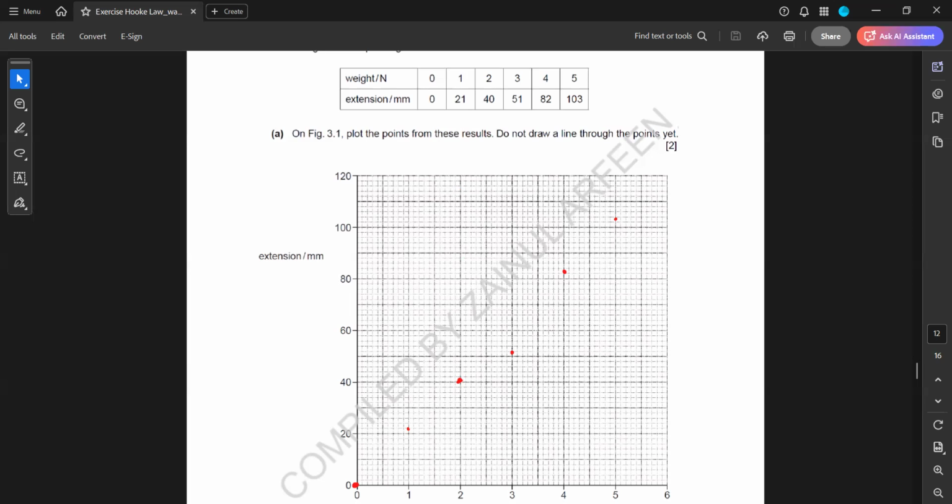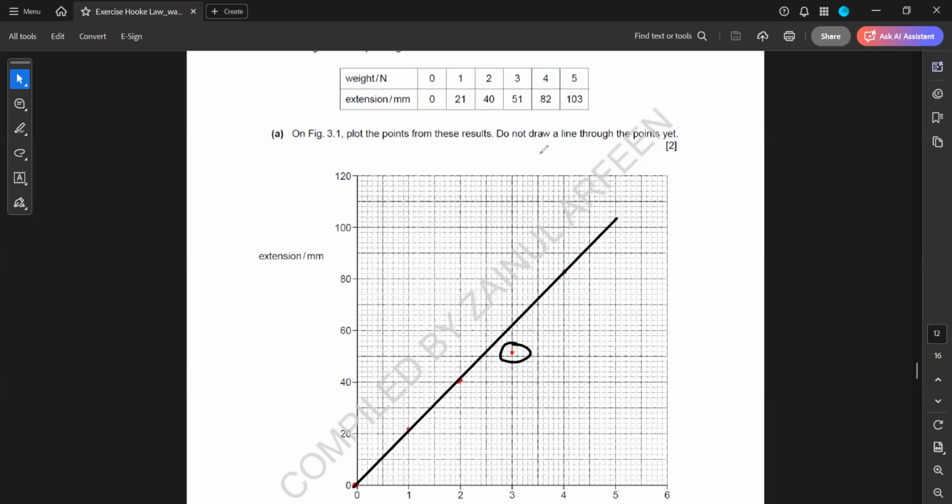So how do you identify which one appears to be an error? This point at 3 Newton, because if it is obeying Hooke's law, it should be a straight line passing through the origin. So if I try to draw a straight line which is passing through the origin, this point does not appear on the line, like the point at 3. So the point at 3 Newton does not appear on the line, so this looks like an error.